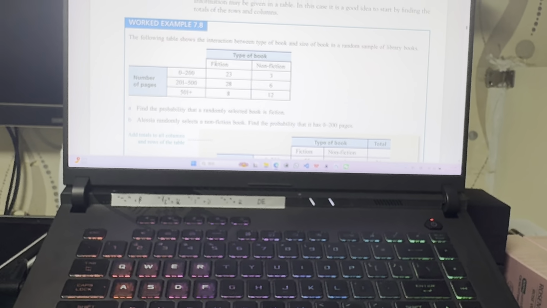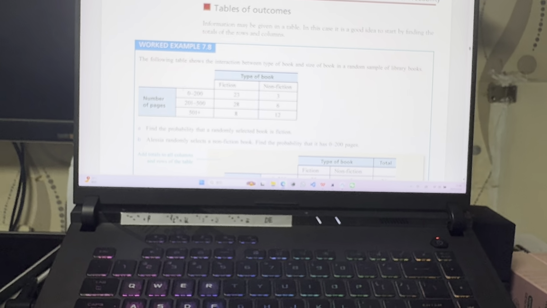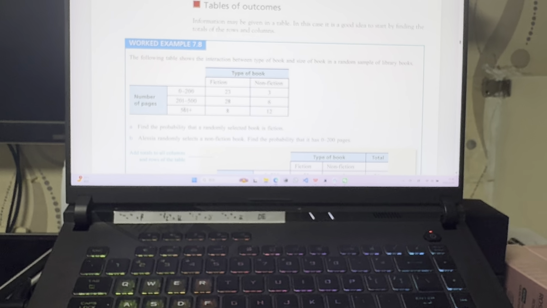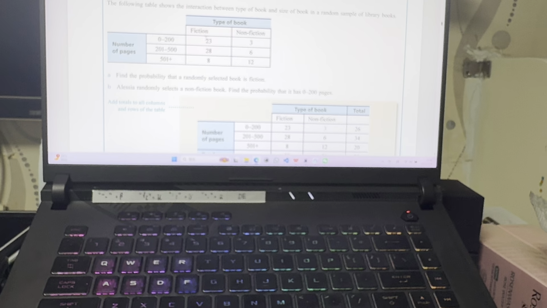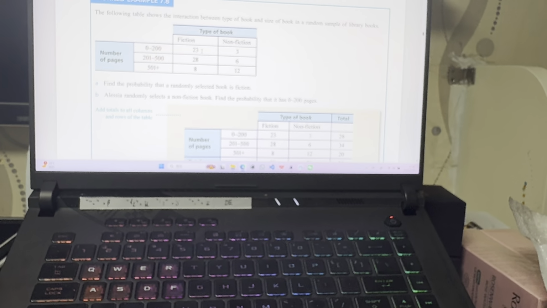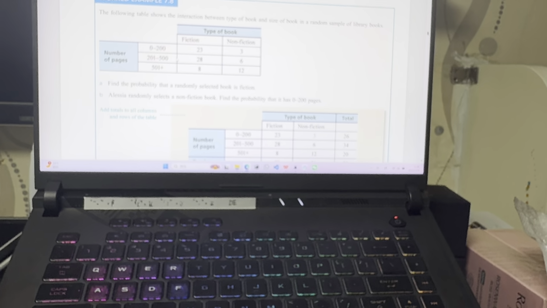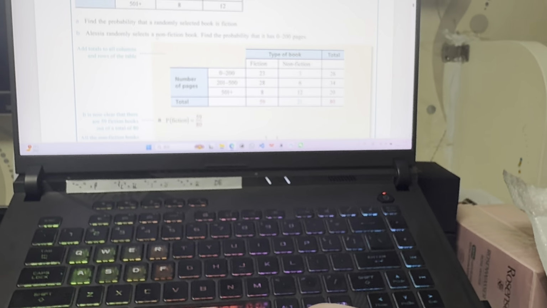For example, in this case, fiction, non-fiction. Number of pages, here are 3 ranges. And we just put in all the data. The number of pages which is more than 0, less than 200, and also a fiction. So we know that here are 23 fictions which have less than 200 pages.